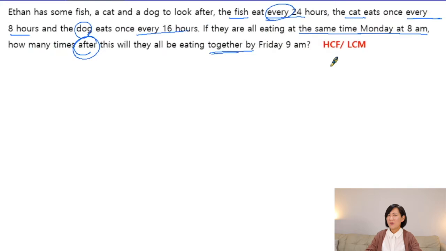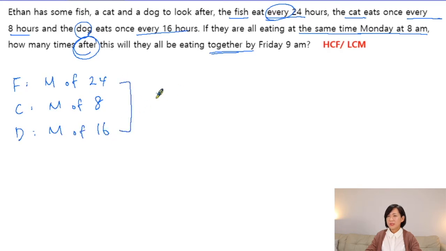First of all, I'm going to write down fish every 24 means multiples of 24, right? Then cat every 8 hours, that means 8, 16, 24. That is the same as the multiples of 8. Then dog every 16 hours, that is multiples of 16.